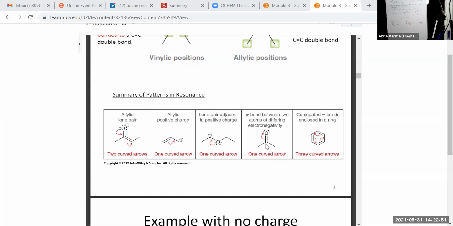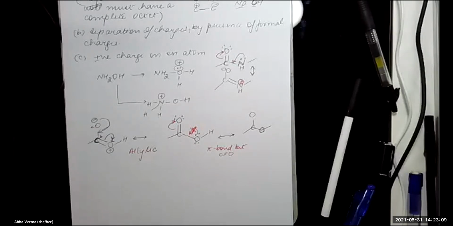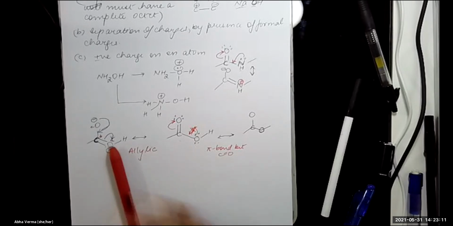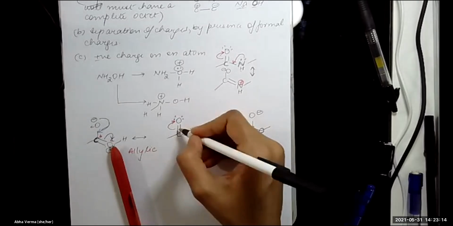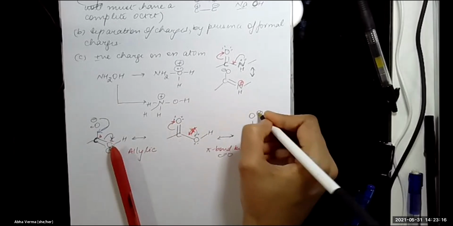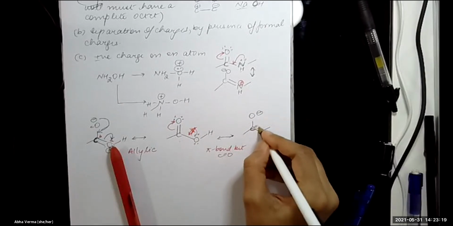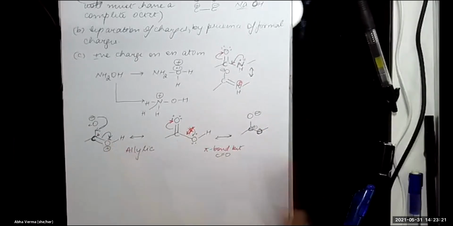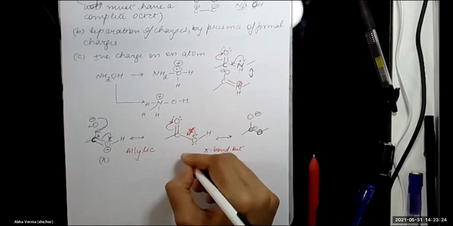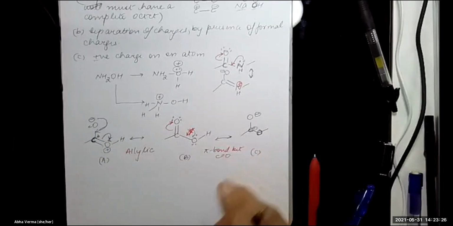Any questions why I did not involve my allylic site? Okay, so I can use that. All the electrons from the pi bond will go to the O, and the carbon will get a positive charge. So I have A resonance structure, I have B resonance structure, and I have C.